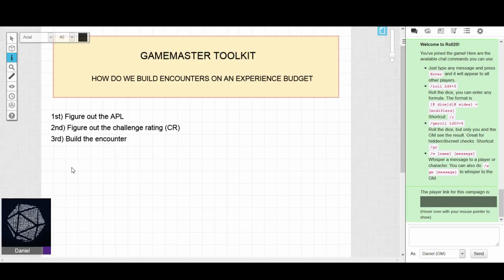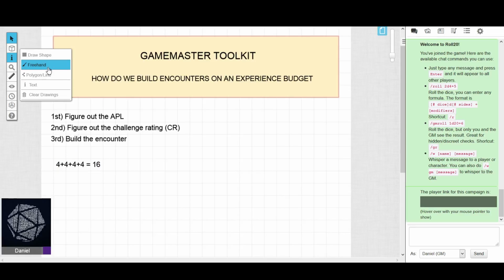So let's say you have a party of 4 level 4 characters. You would say, okay, we have 1 character with 4 levels, plus another character with 4 levels, plus another, plus another. So we have 4 plus 4 plus 4 plus 4. Well, that's 16. Okay. So we have 16. Then we want to divide the number 16 by the number of party members.